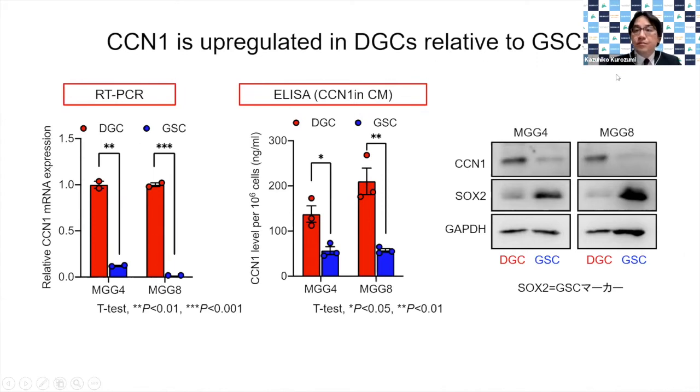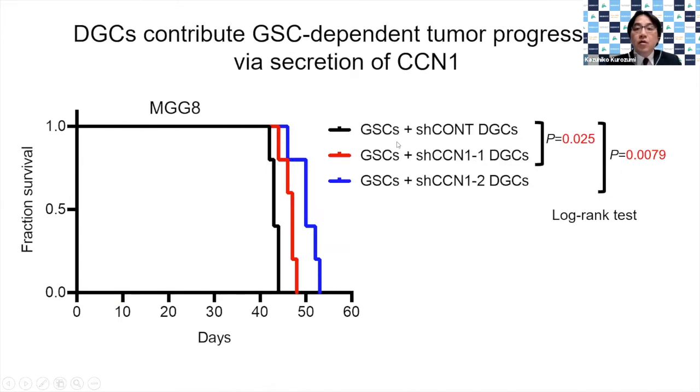Very interesting. Then if we put shRNA against CCN1 into DGC in combination, that prolonged survival.